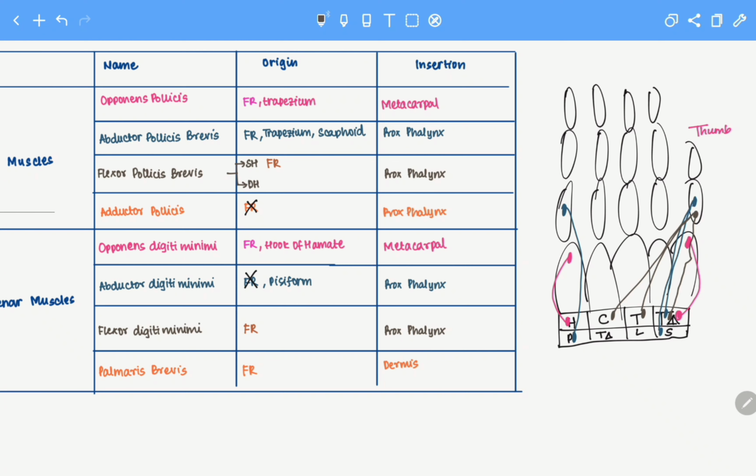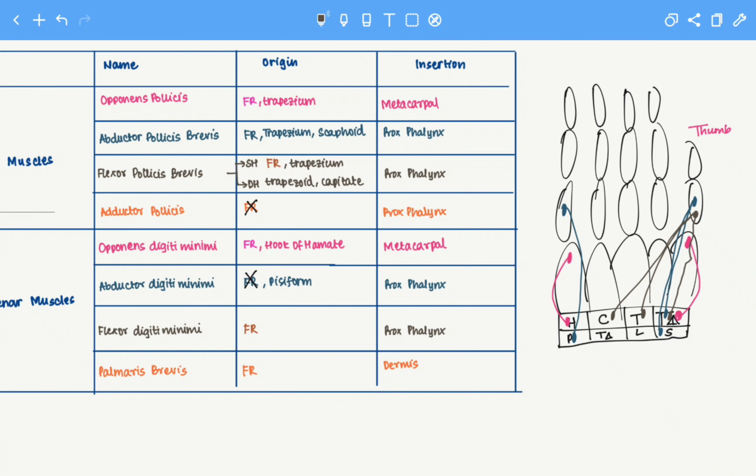So the superficial head originates on trapezium, while the deep head originates on trapezoid and capitate.